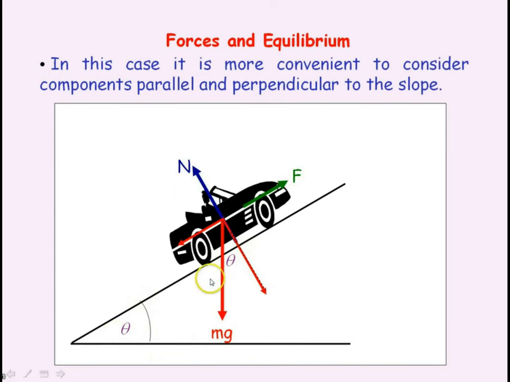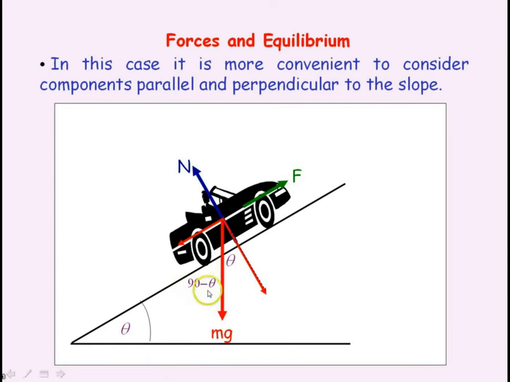Now, why are these angles the same? Well, if we consider the triangle made by the slope, the horizontal, and the weight force, you can see the weight force is making an angle of 90 degrees with the horizontal. So we've got 90 degrees and theta, so the remaining angle in the triangle must be 90 minus theta.